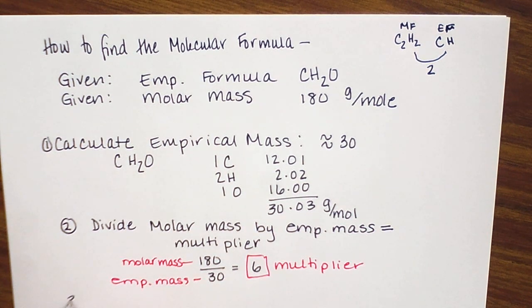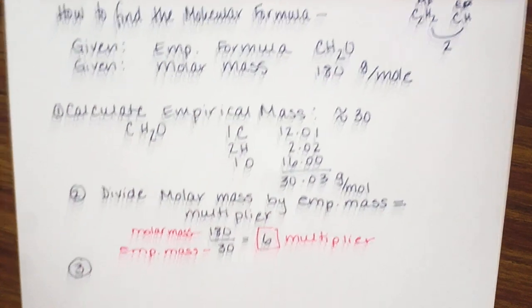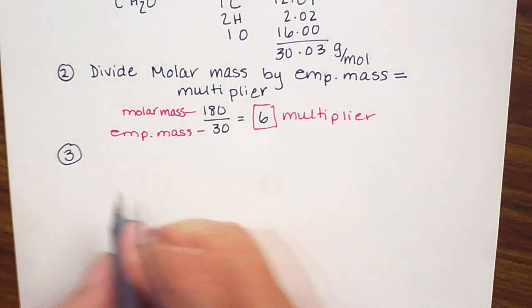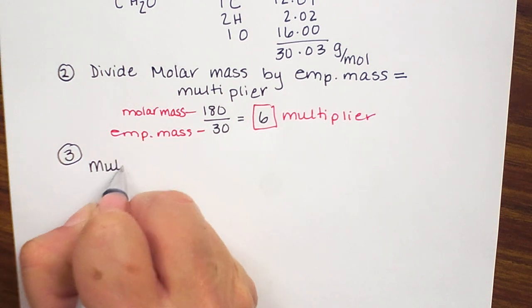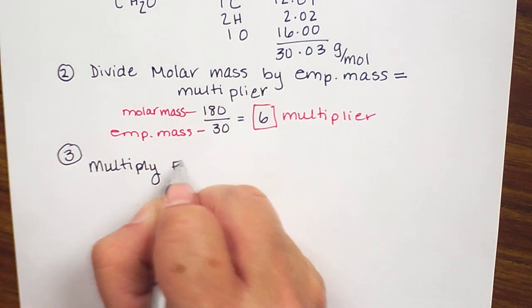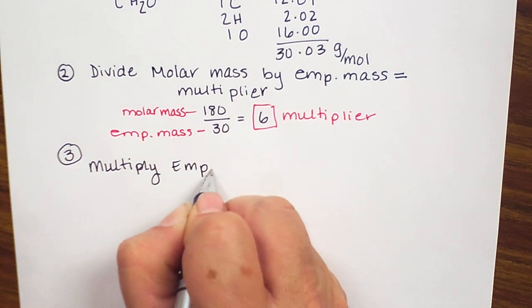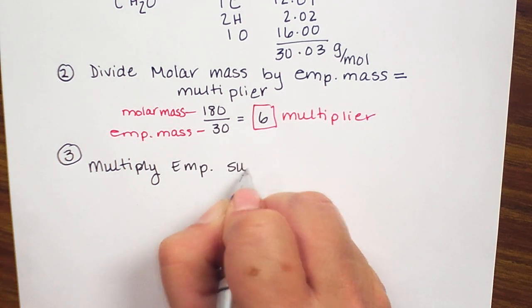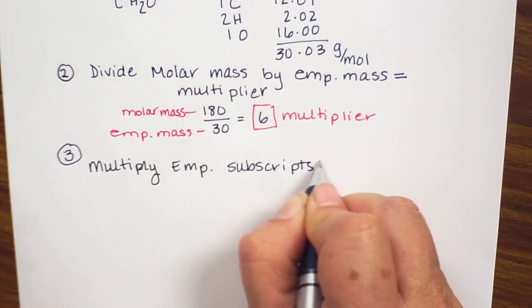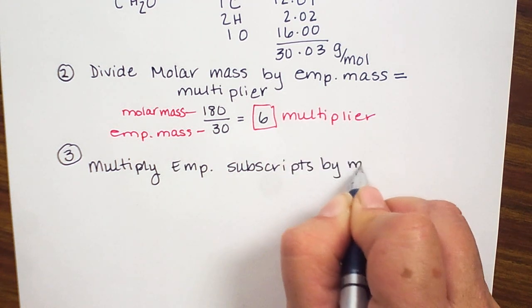Step 3, because remember, we're trying to find the molecular formula: multiply the empirical formula, the empirical subscripts, by the multiplier.